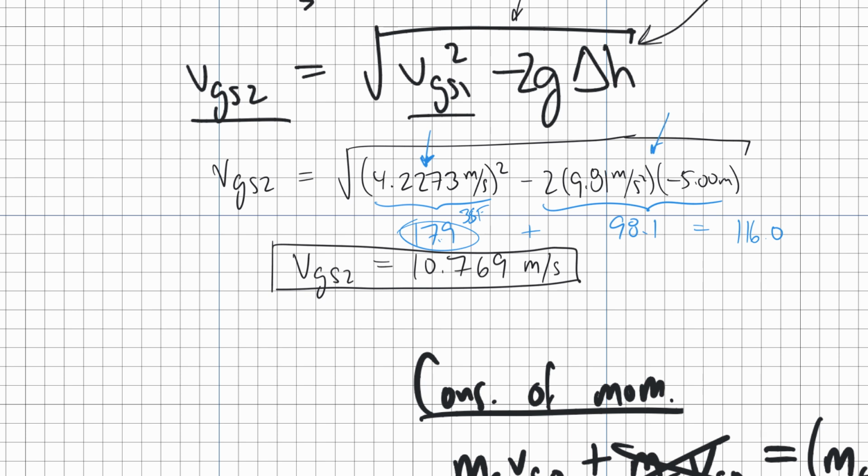This right-hand term, all of those have 3 sig figs, so I end up with 3 sig figs. When I add them, I've got 1 decimal place in both of those, so I need 1 decimal place in my addition. So now I've got 4 sig figs. So we are in a really strange place where the number of sig figs has actually increased. So technically this number right here, 10.769, needs 4 sig figs.